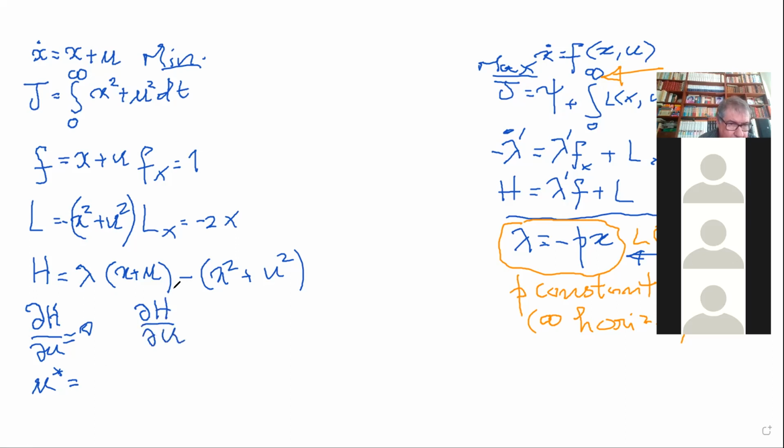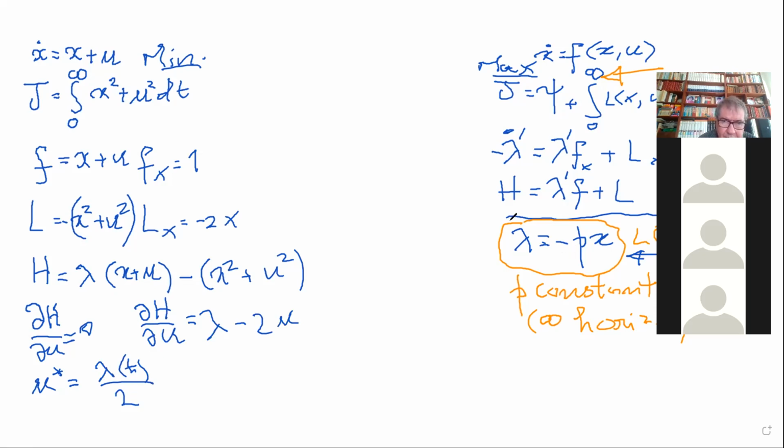It's lambda divided by 2, probably yes. Lambda of t divided by 2, because the partial derivative is lambda minus 2y. You equate it to 0 and you get this stuff.